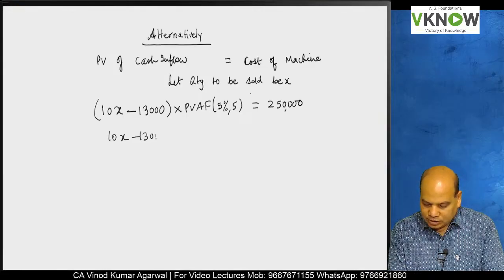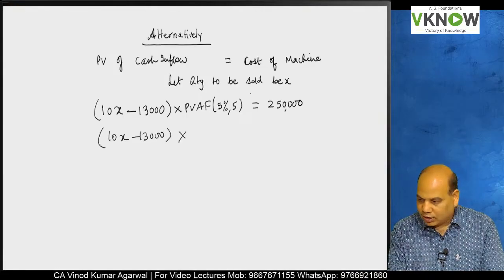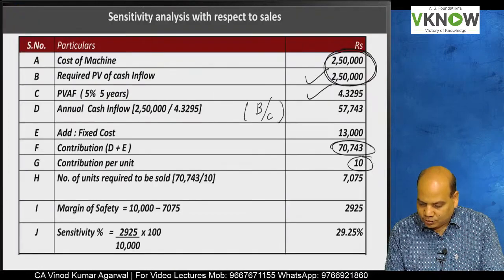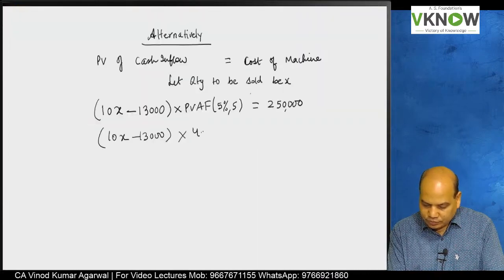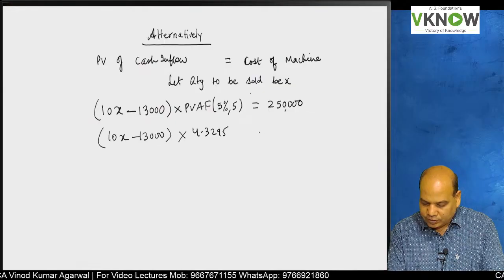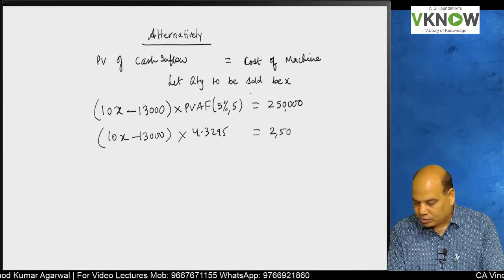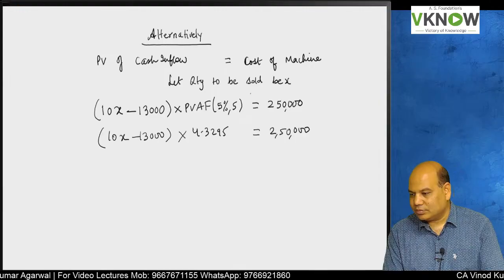10x minus 13,000. What was the annuity factor? I have to check. 4.3295. 4.3295 is equal to 2,50,000.